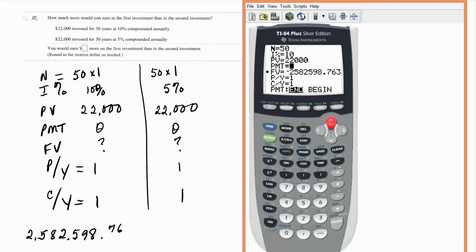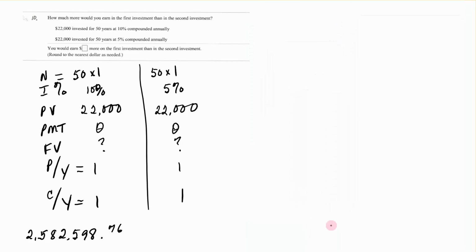Let's go back up and drop that interest rate from 10% to only 5%. And do alpha, enter, and we get a drastically different number. $252,282.80.